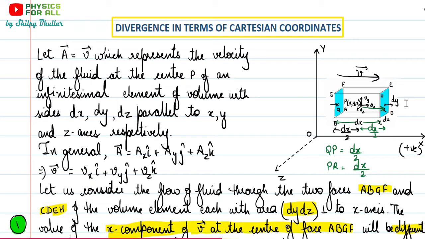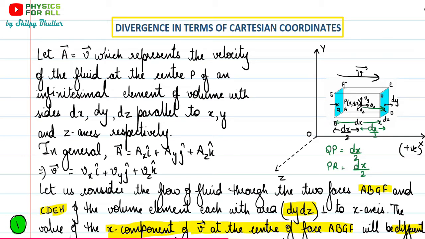So what do we have to do? We have to multiply with the two extra directions, and those should be dy and dz. And now you can see here we wrote that the flow of fluid through the faces ABGF and CDEH of the volume element, each with area dy dz, because these faces have area dy dz.